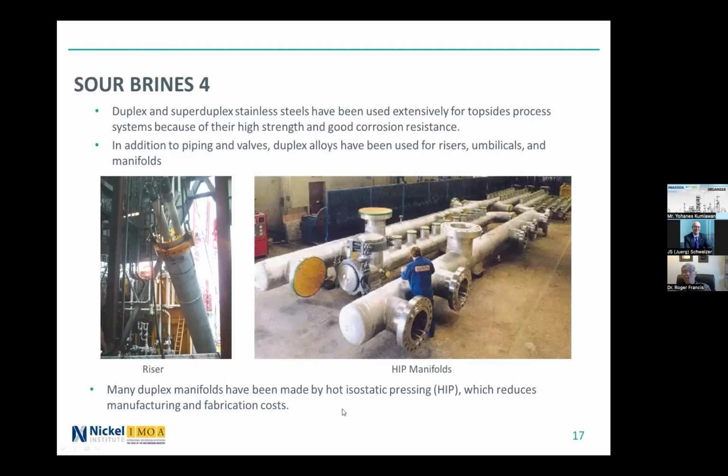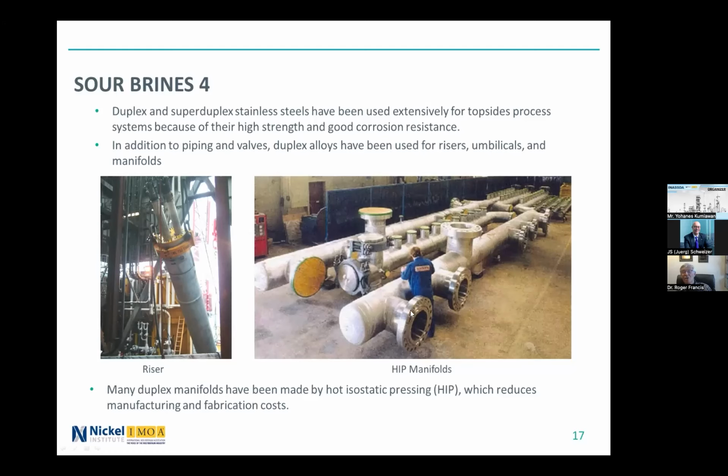Duplex and super duplex manifolds have been made by HIP because it reduces the manufacturing and fabrication costs. If you look, there's a weld around this junction here, and all of that section from there to the end was made in a single piece by hot isostatic pressing. After it's been manufactured, it needs to be pickled to clean it.